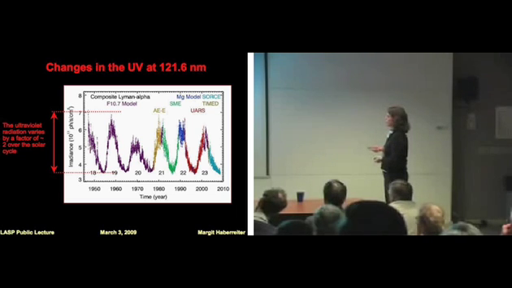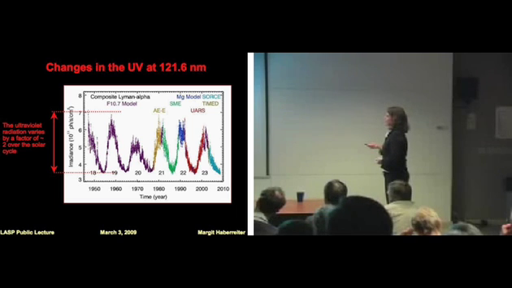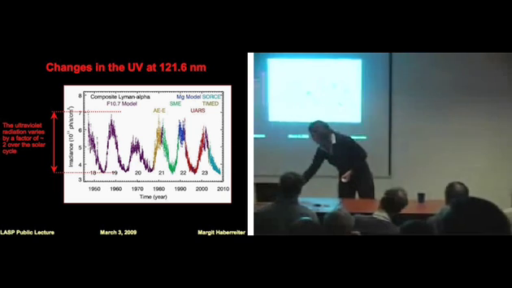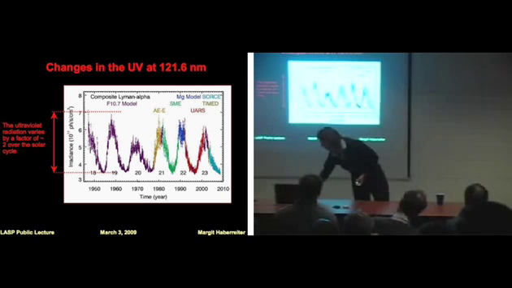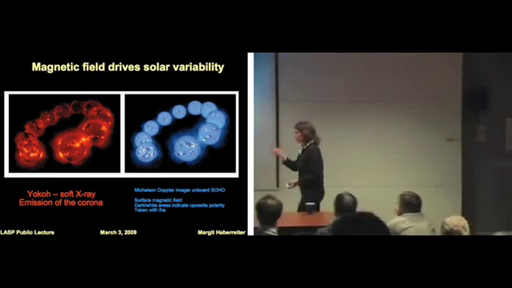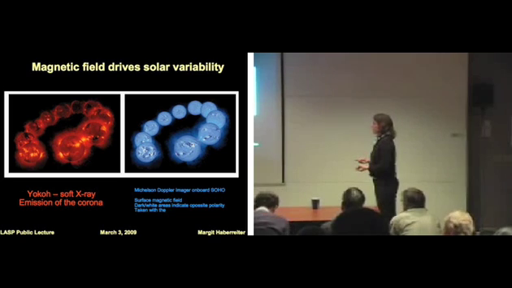So these are all the 11-year solar cycles. The UV varies much more than the total solar irradiance. And now, what is the reason for this cyclic behavior?